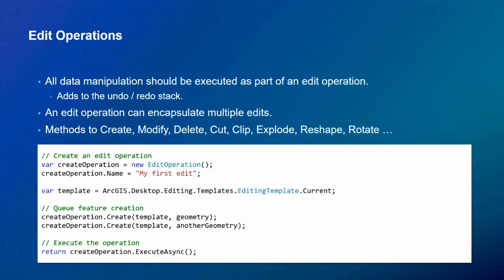So what does the edit operation itself give you? You can queue multiple edits in a single operation, and then execute them essentially in one shot. Once you commit your edit operation, they participate in the undo and redo stack. You can also have multiple workspaces as part of the same edit operation, which is very nice and convenient.